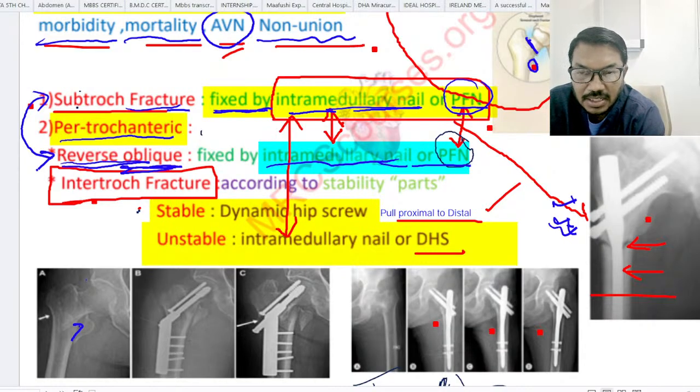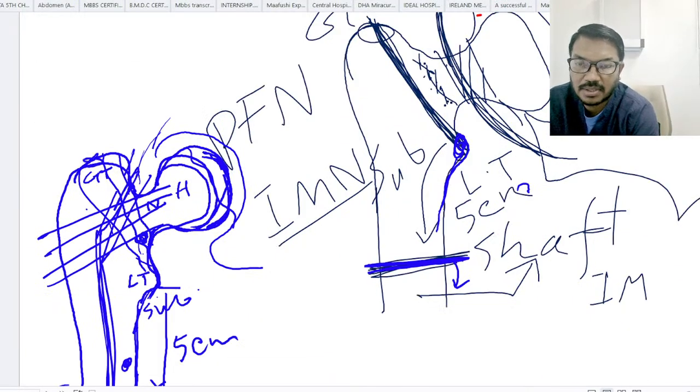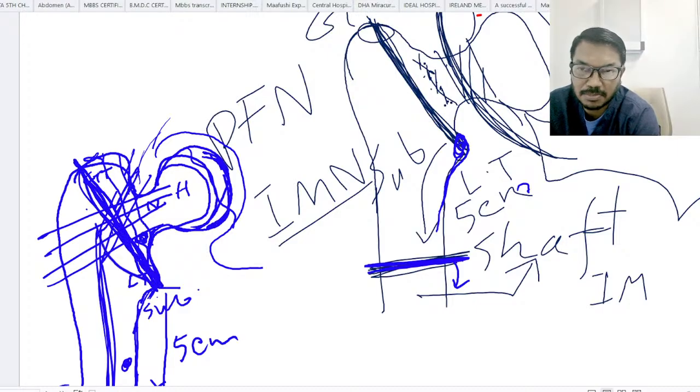But in an intertrochanteric fracture, it depends on the stability.